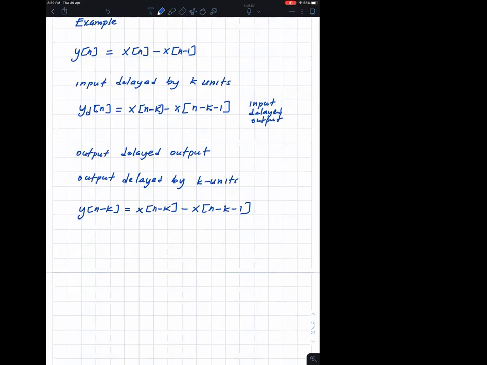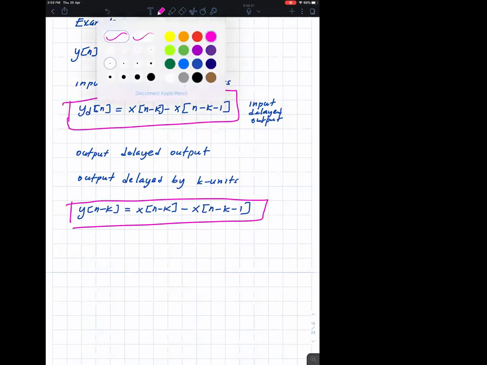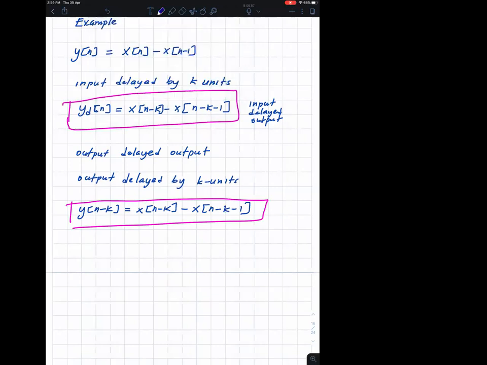Now you look at this and compare these two. One is input delayed output, one is output delayed output. Are they the same?